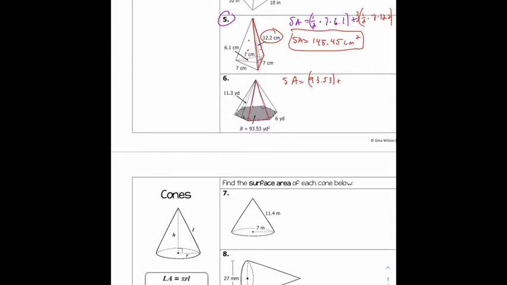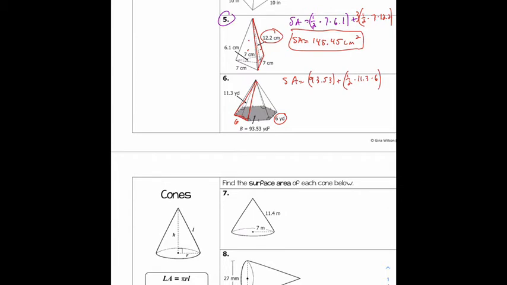So let's just find one of them. Since they give us information on this one, we should just do that one. It gives us the height. The height is 11.3. Each side is 6, it tells us that here. So it's going to be 1/2 times 11.3 times 6. And then we multiply it by how many faces there are.